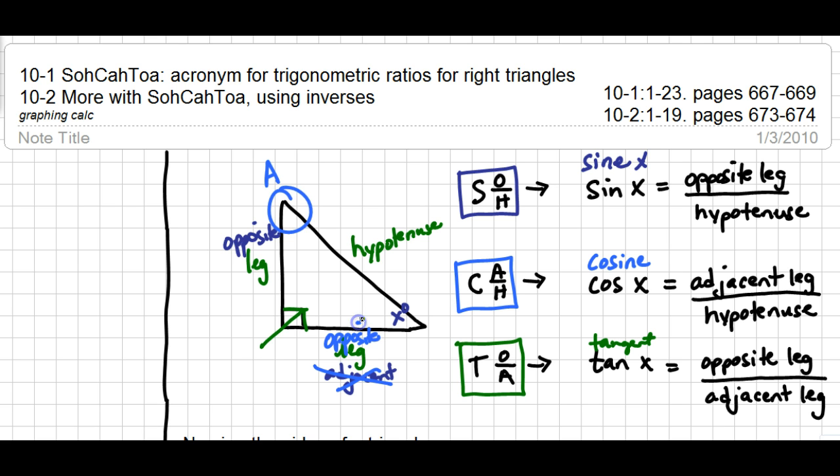So the relationship between the angle that you're working with and the legs is very important for students to identify. Figure out which angle you're working with and then start labeling the legs as opposite or adjacent. So now if angle A was the one we were working with, now this would be the adjacent leg. So let's go ahead and try this now with some actual examples.